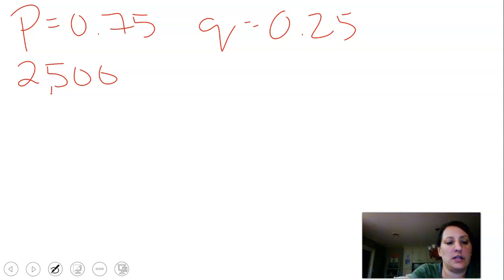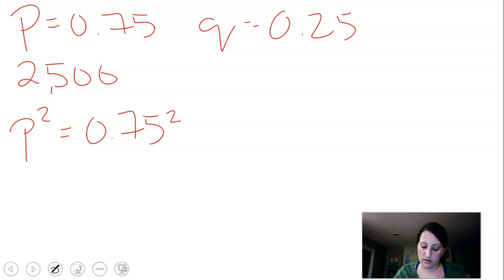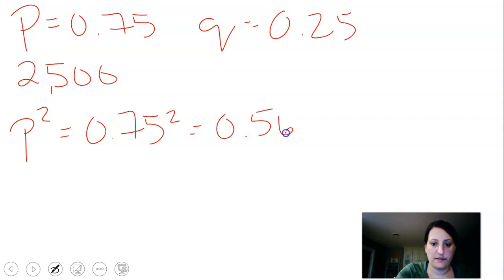So that's going to be P squared, which equals 0.75 squared, which equals about 0.5625, times the total number of people, 2,500.